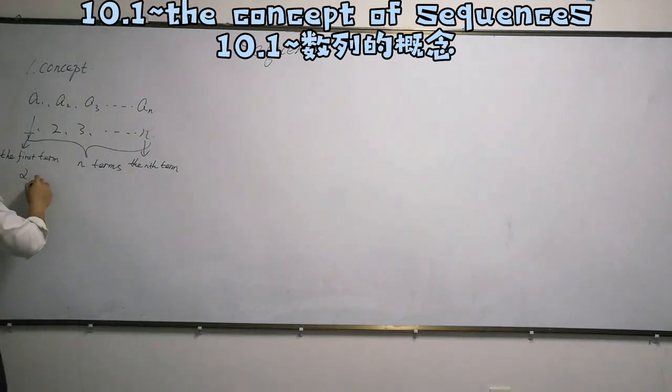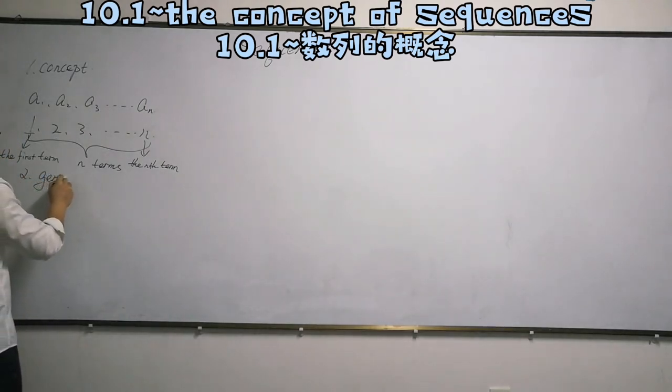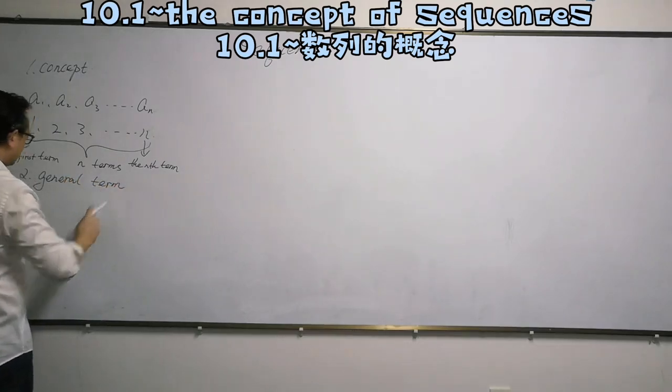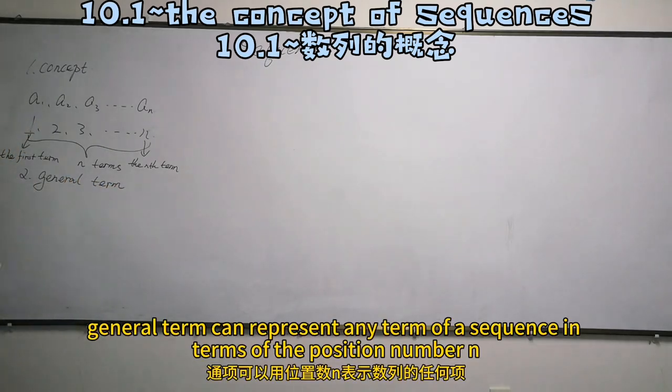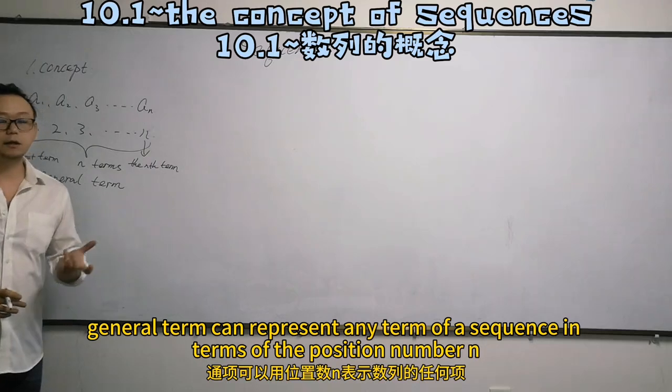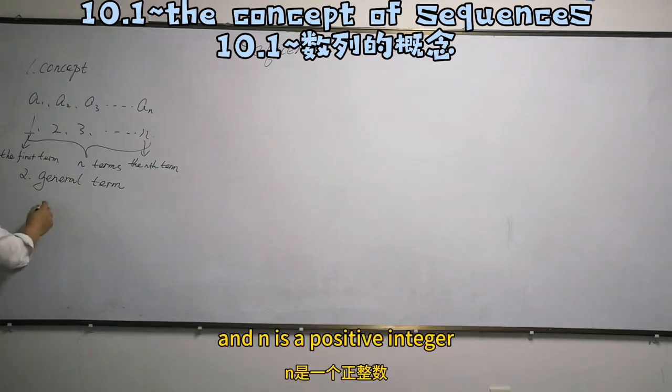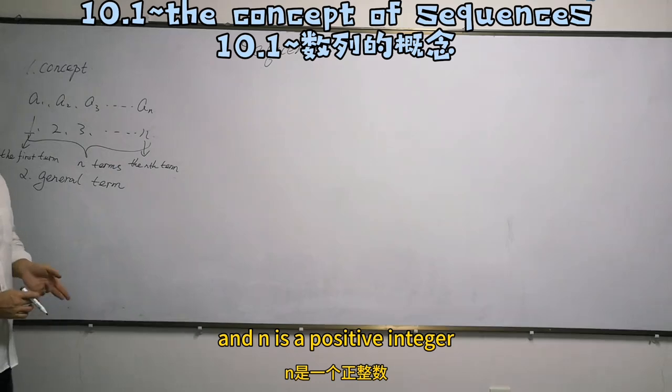2. General term. General term can represent any term of a sequence in terms of the position number n, and n is a positive integer.